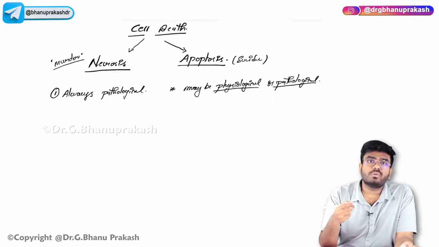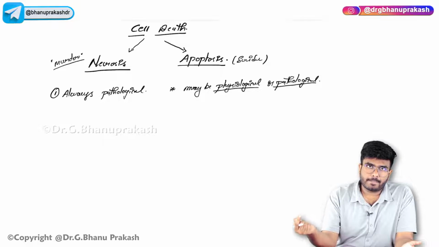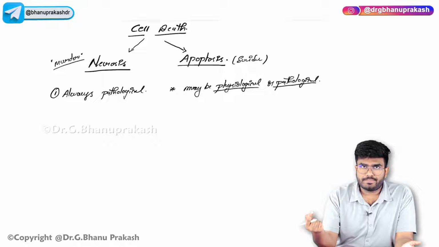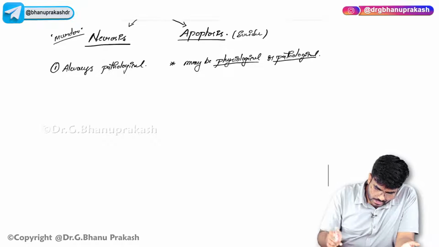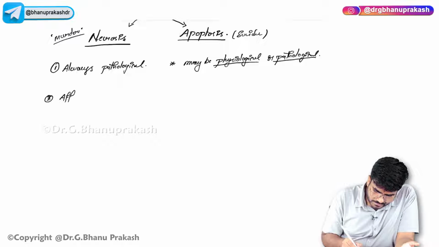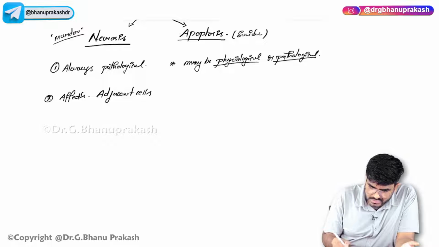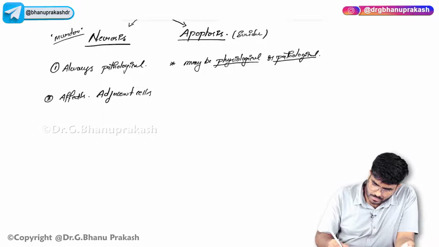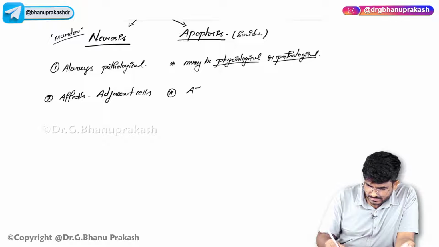But in apoptosis, not a group of cells, single cells will die. So, let me write here. Necrosis affects adjacent cells. Even the surrounding cells will die. But apoptosis affects single cells.